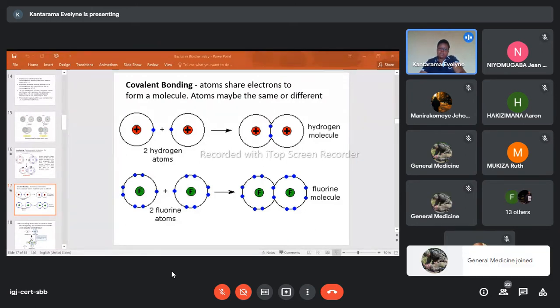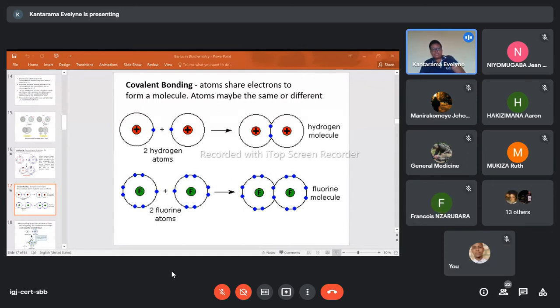If they are different and have a high difference in electronegativity, the formed bond is a polar covalent bond, as there will be a creation of partial charges on the bonding atoms. This is the case of hydrogen and oxygen. When you look at the electronegativity on the periodic table, you will see that oxygen has high electronegativity compared to hydrogen.